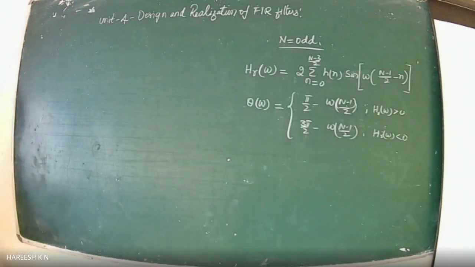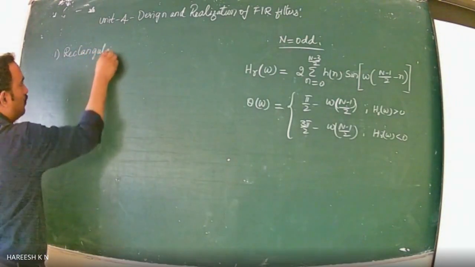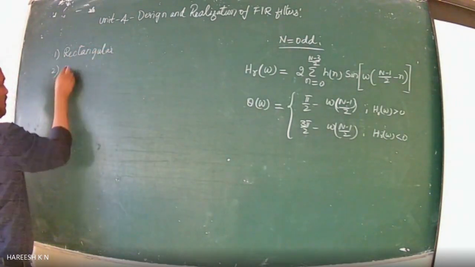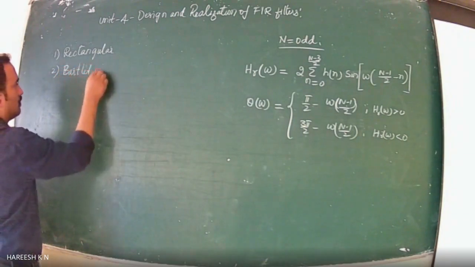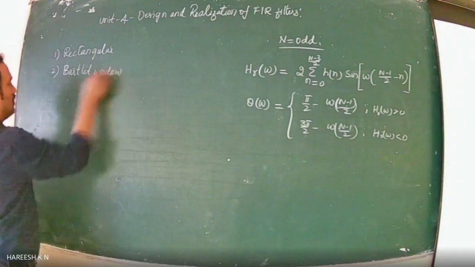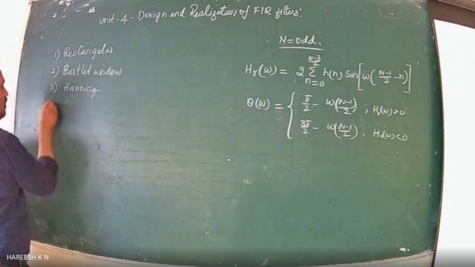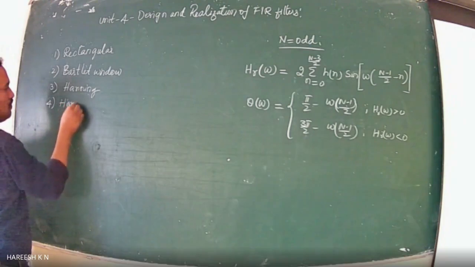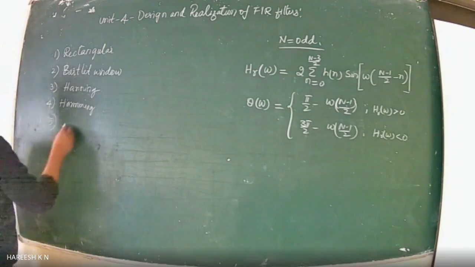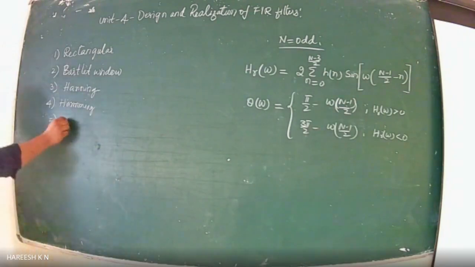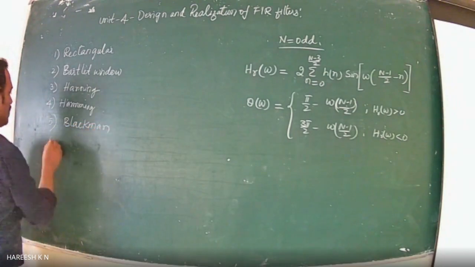They are rectangular window, Bartlett window, Hanning window, Hamming window, Blackman window, and Kaiser window.